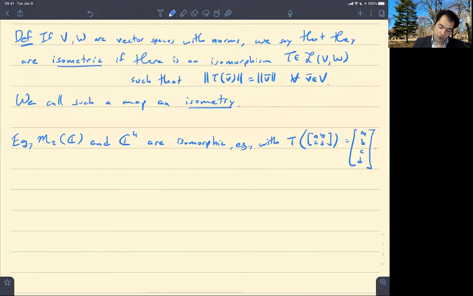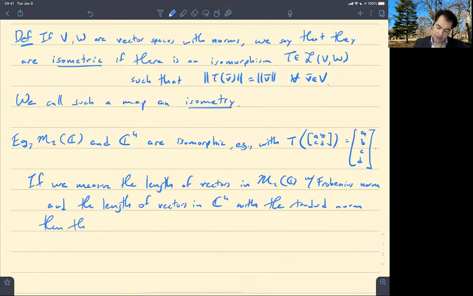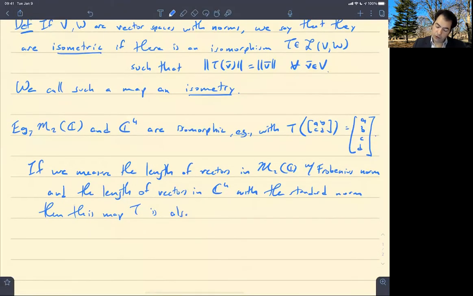So if we measure the length of vectors in M2 of C with the Frobenius norm and the length of vectors in C4 with the standard norm, then this map T is also an isometry.